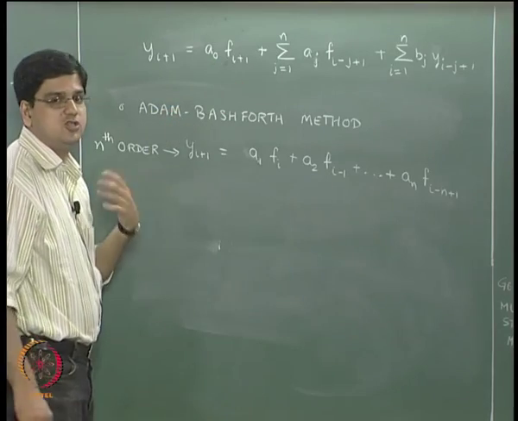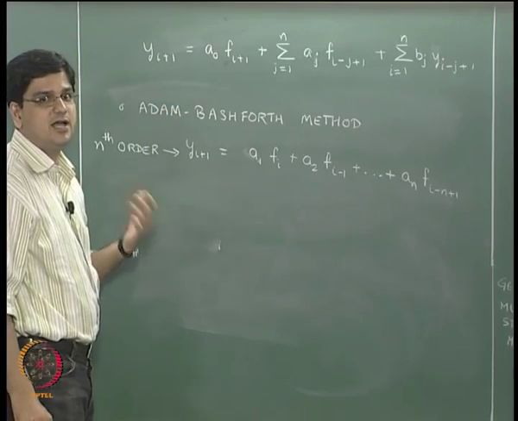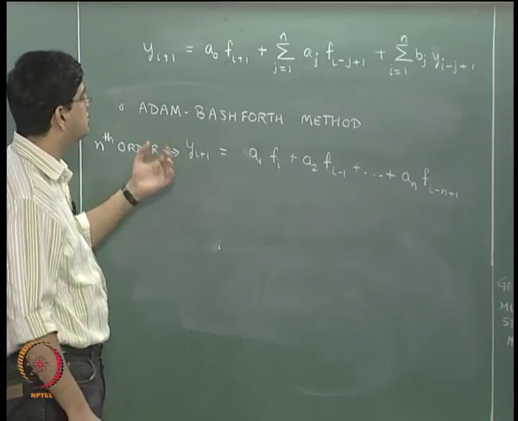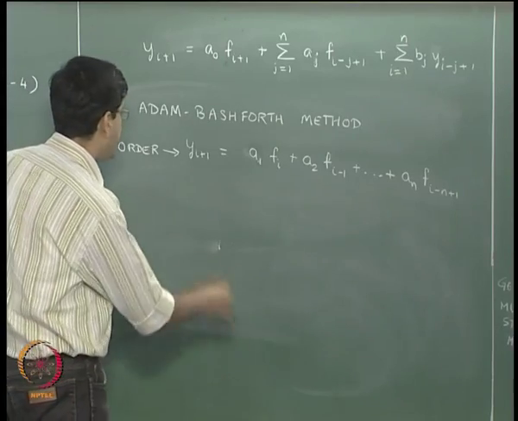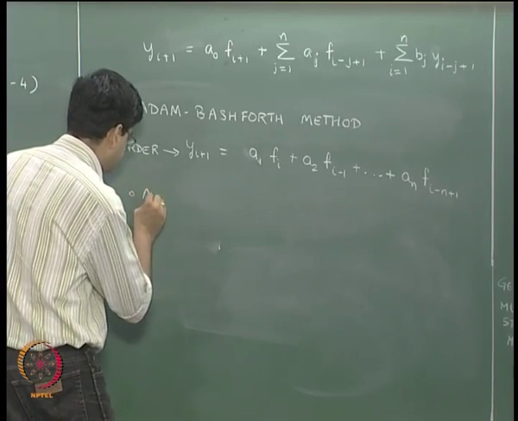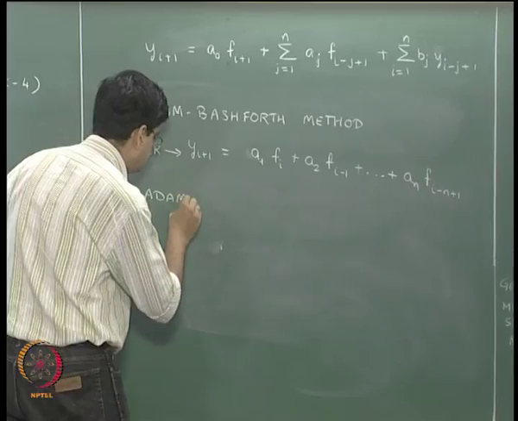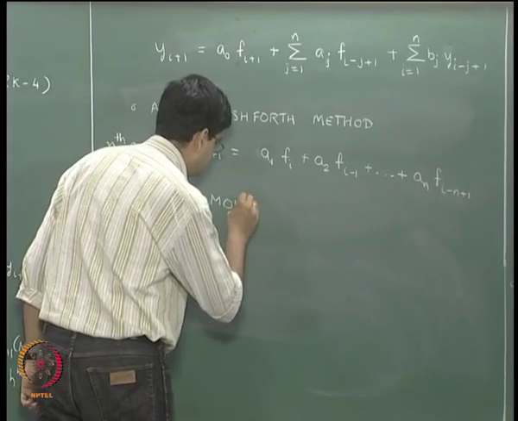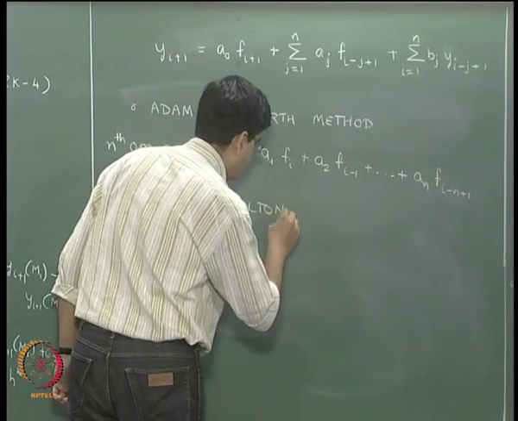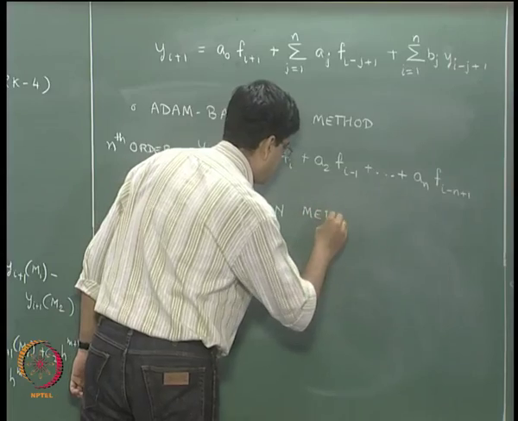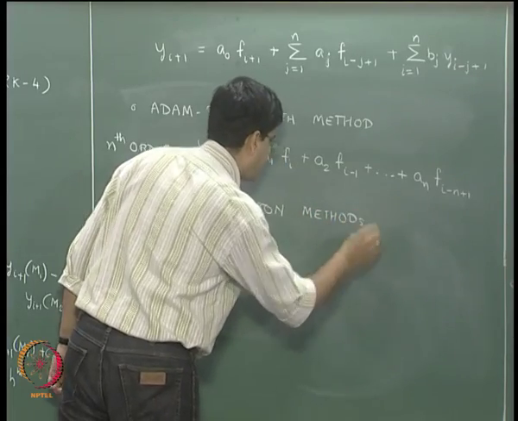If a0 is not equal to 0, what we get are implicit methods, and that is the next family of methods known as Adams-Moulton methods.